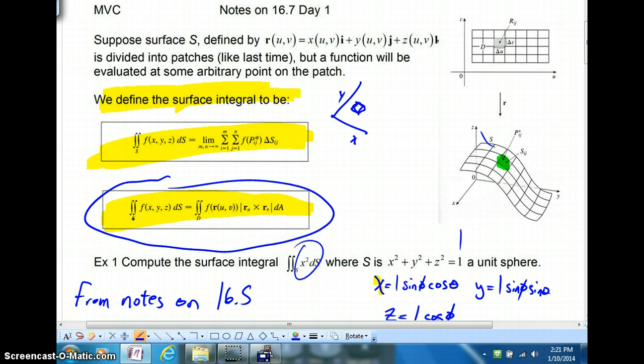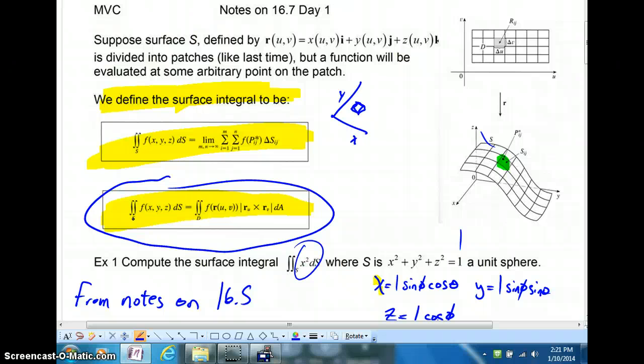It's saying this is a surface integral, worked out the way we just spoke of. And we will have a function that we're going to be evaluating. We're going to plug in our r of u, v. Whatever x, y, and z are defined parametrically, we plug that into the function as well. And then we will multiply that by the magnitude of r_u cross r_v.